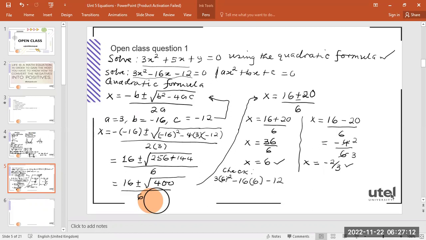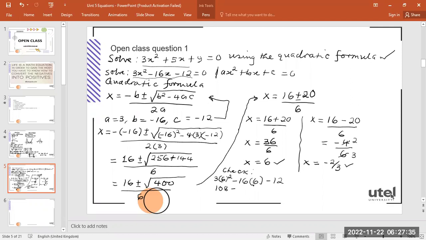Now 6 squared is 36. When you multiply 6 by 6, it gives you 36. Multiply by 3, that should give you 108. So this should give you 108 minus 16 multiplied by 6.